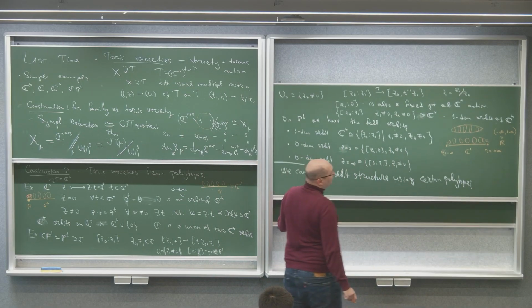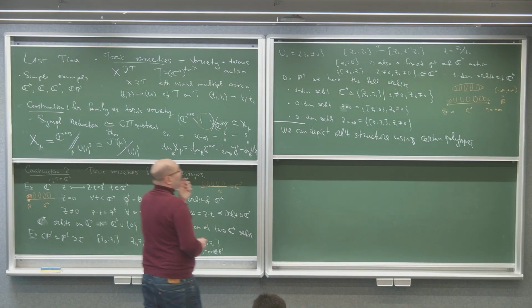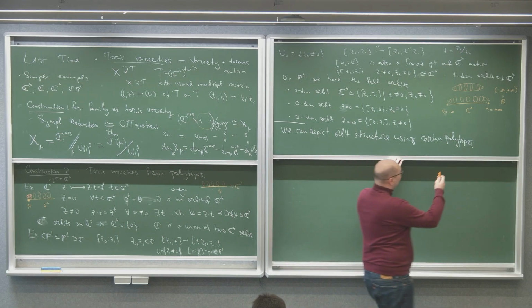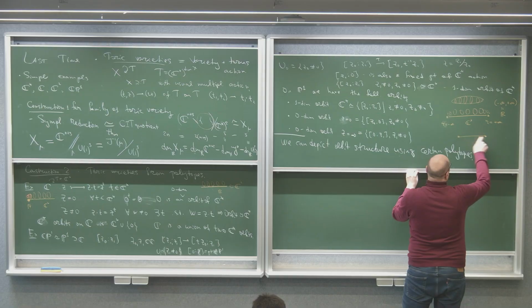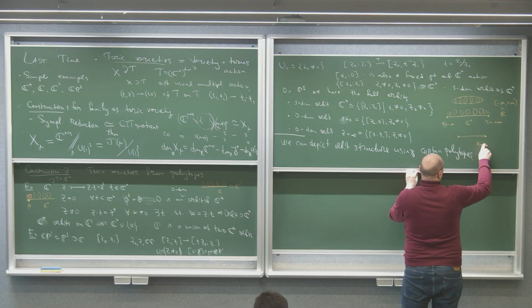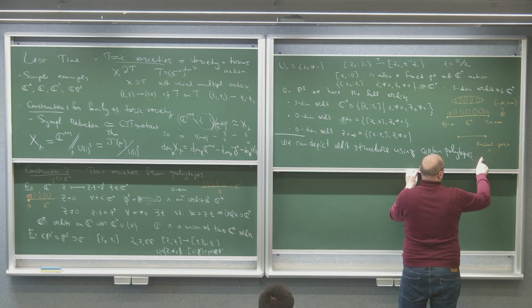Okay, so that was a simple way of encoding, and this picture, when we ignore the circle part, so the radial part of the picture, is what we call a polytope.